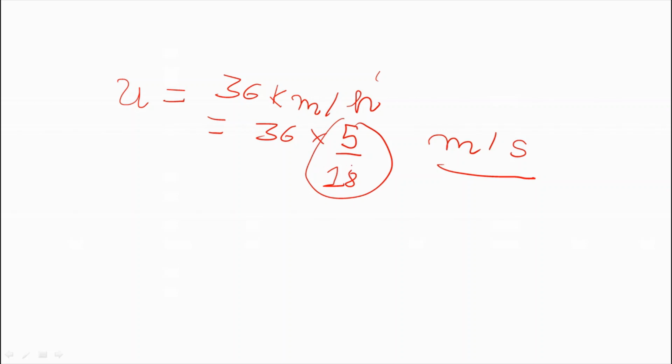So this will become a shortcut method for us for solving questions. We will just cut, this will become 1, this will become 2, and our initial velocity will become 10 meter per second. So we will note it down here, u equal to 10 meter per second, and we will erase the rest.